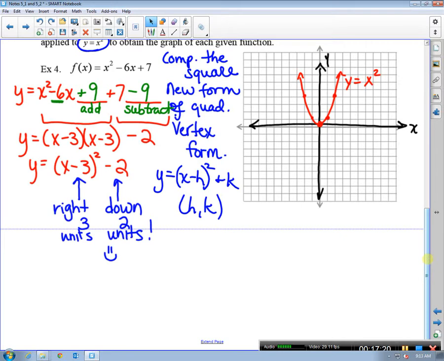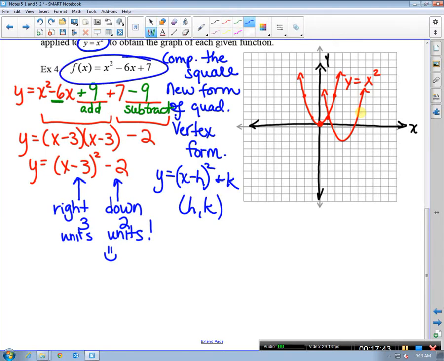That if I grabbed this parabola and I moved it to the right 3 units, let me duplicate it. If I moved it to the right 3 units, 1, 2, 3, and down 2 units, 1, 2, that I would have my new parabola, which had this equation.